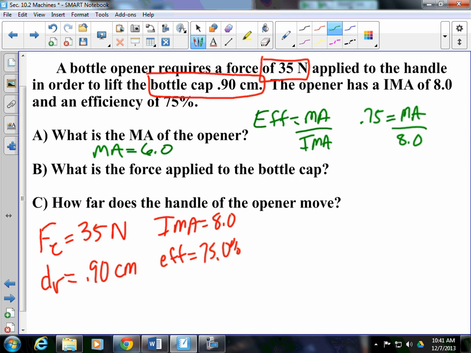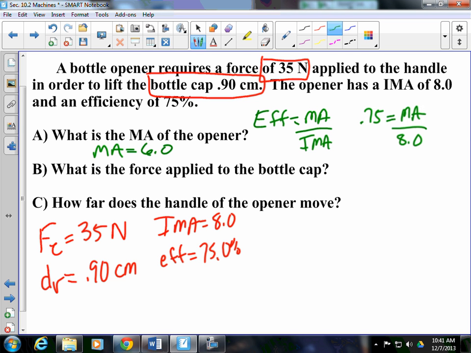Because it is a ratio, we're taking newtons divided by newtons for mechanical advantage, so there are no units. So in part A, our mechanical advantage is 6.